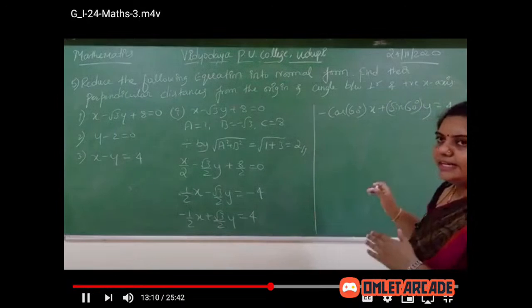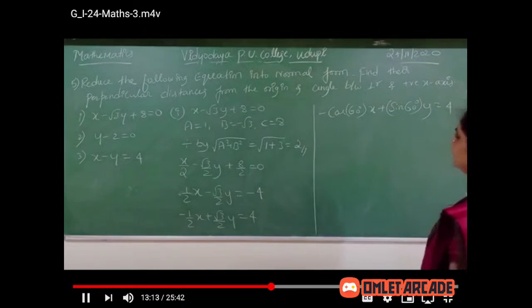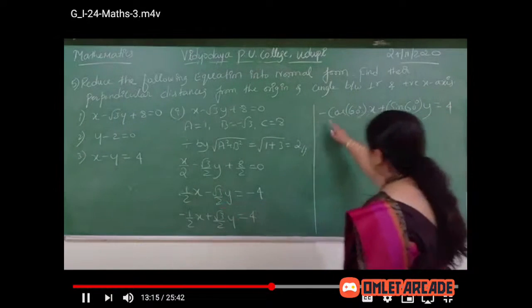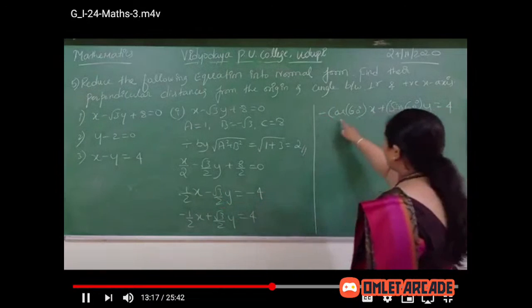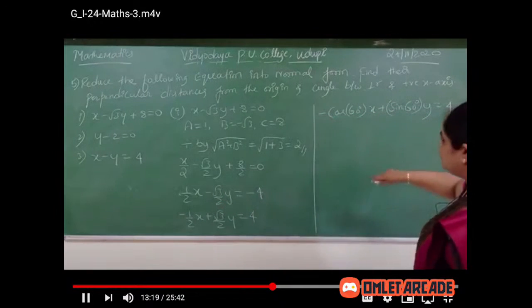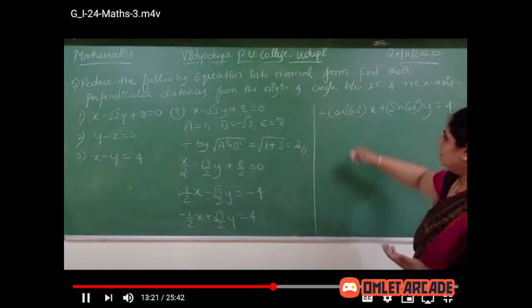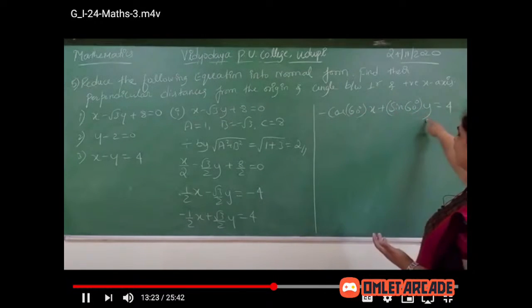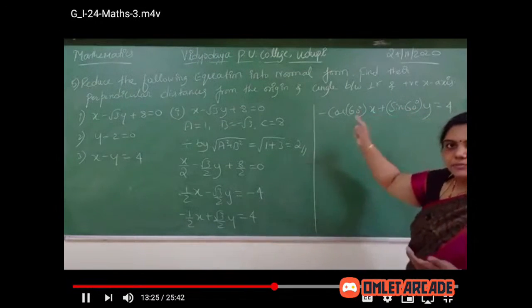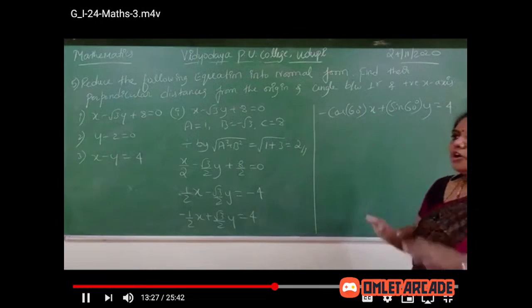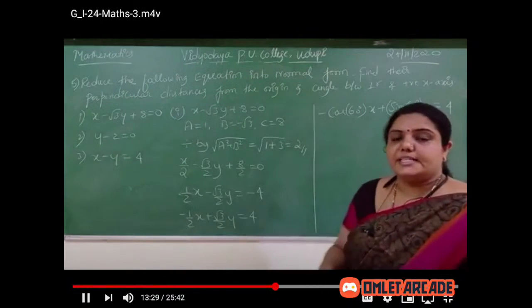Don't write this. This is not right actually. See what I am doing. Minus, we'll keep this as it is. Instead of half, cos 60 x, because I am trying to write in the form of what? Cos with x and sin with y. So, am I right? But this is not in normal form. The normal form is what, students?